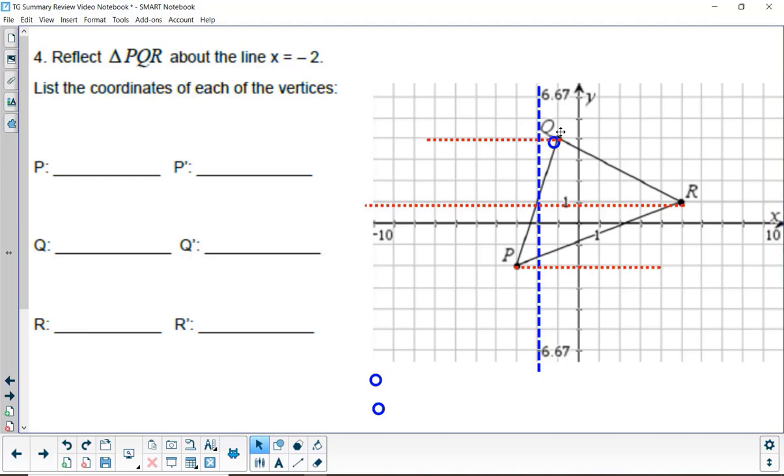Q prime is 1 unit away from this line, but in the opposite direction. R prime is 1, 2, 3, 4, 5, 6, 7 units, but in the opposite direction. And then P prime is 1 unit on the other side here.